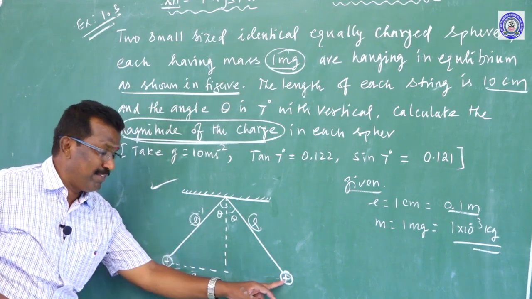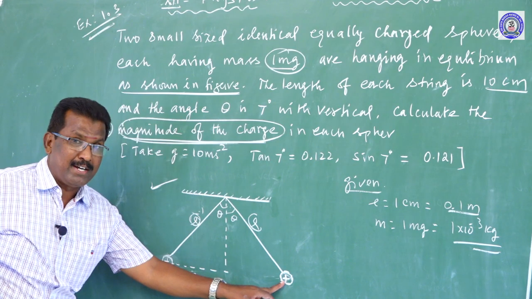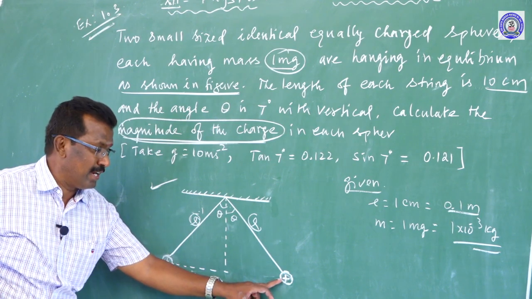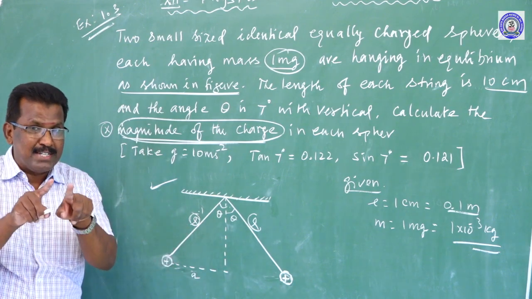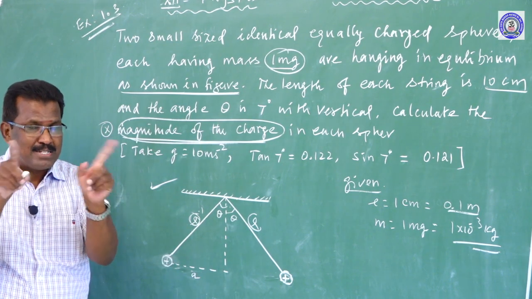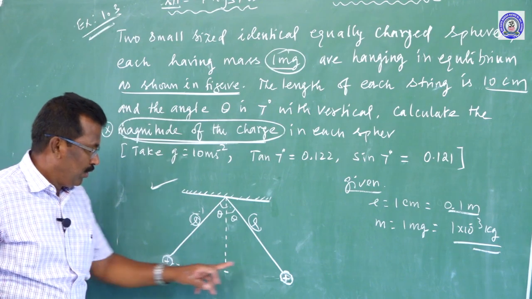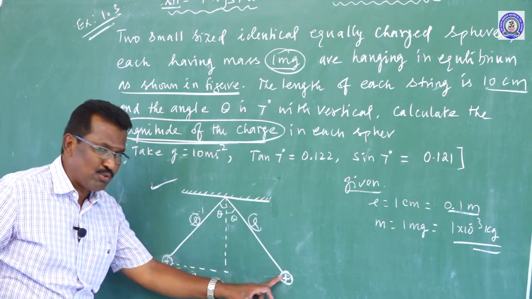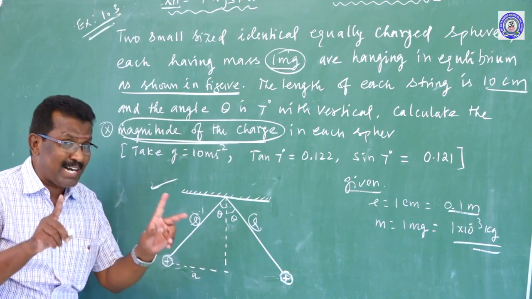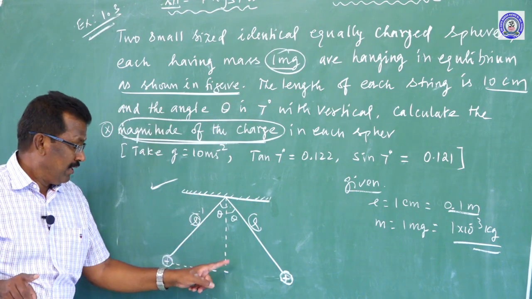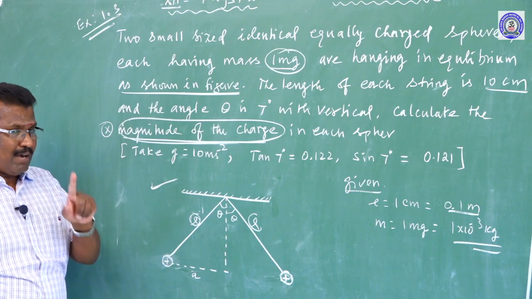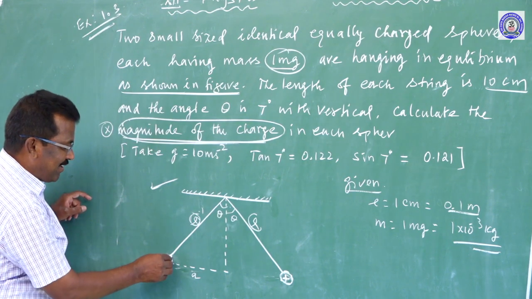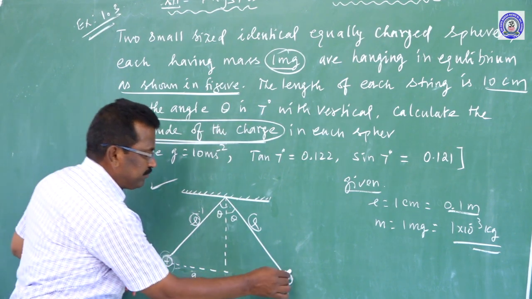We already studied in the electrostatics lesson Coulomb's inverse square law: dissimilar charges attract, similar charges repel. So with positive charge given to both spheres, there will be a repulsive force between them. Our aim is to calculate the charge given on the sphere.